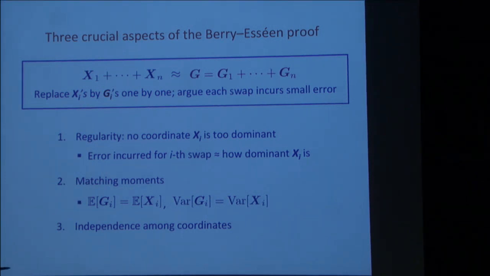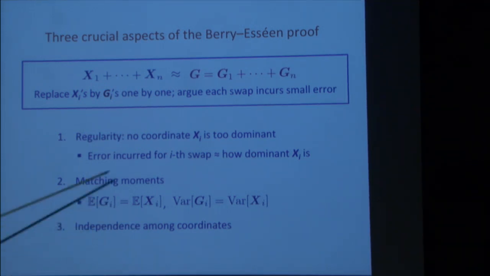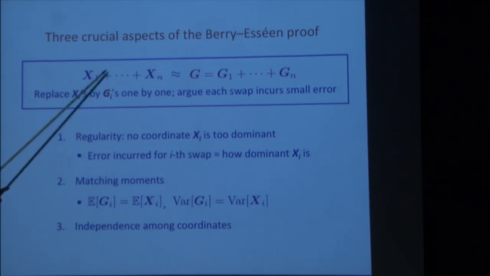So it should be natural that the condition is going to come up in the proof. And it's not hard to see how this condition would arise in a formal argument, right? If one of the xi's was really large, corresponding to a non-regular linear form, or you had a very large weight wi, then presumably that coordinate would be quite dominant in terms of its effect on the sum. And when you swap out that one coordinate, you probably are going to incur a lot of error. And this is in fact the case.